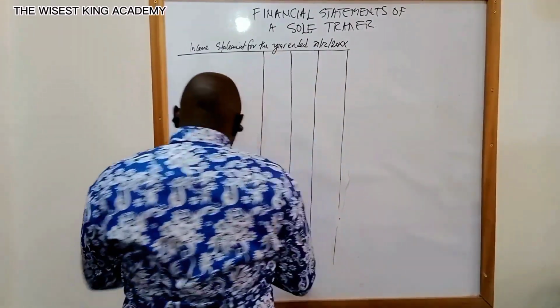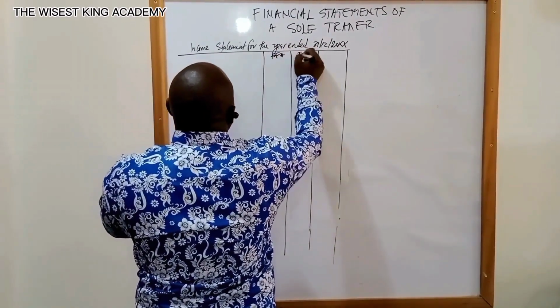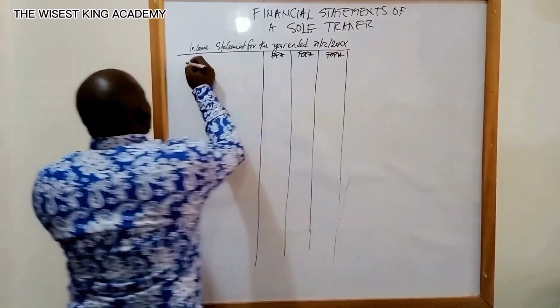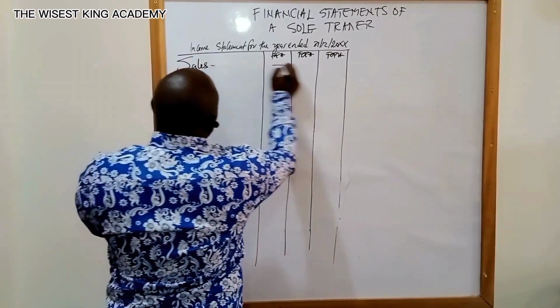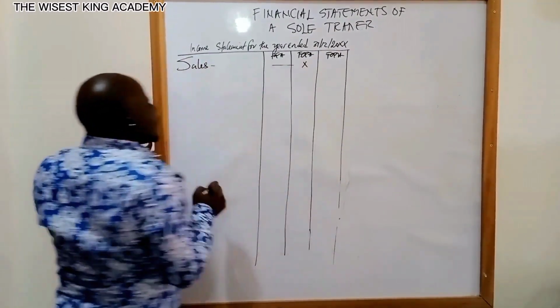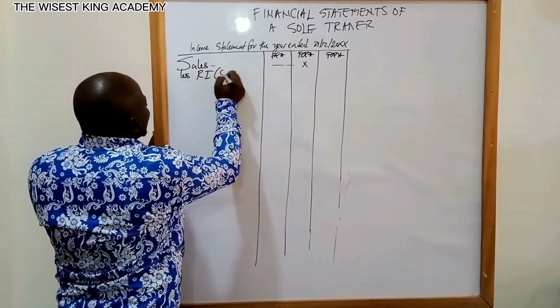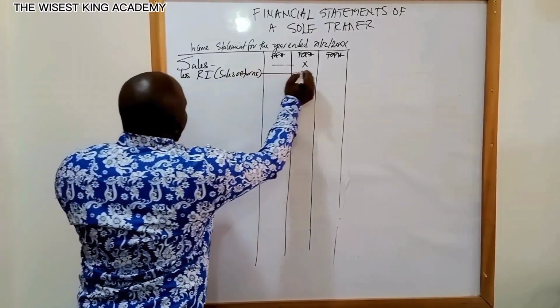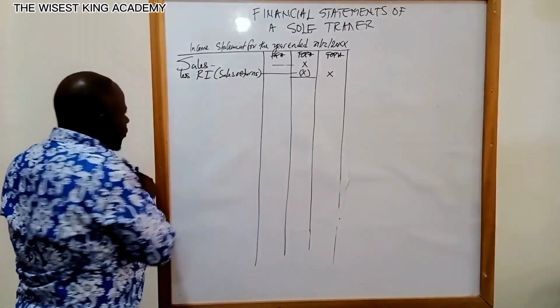I always like using three columns, and here we report in francs CFA. So we start with our sales. From our sales, we less returns, also called sales returns. When we subtract it, we have our net sales here.